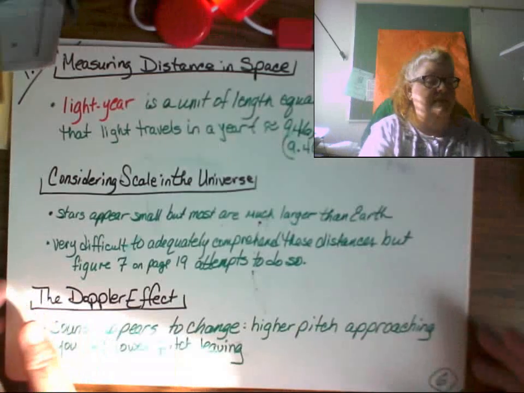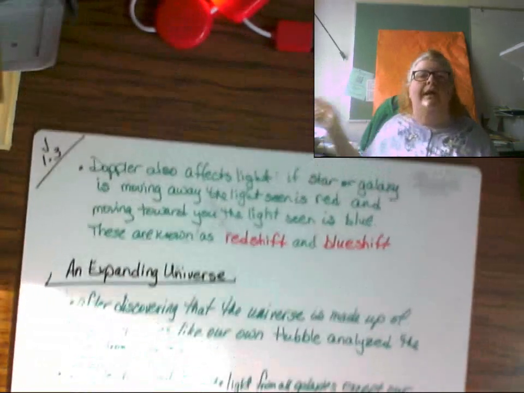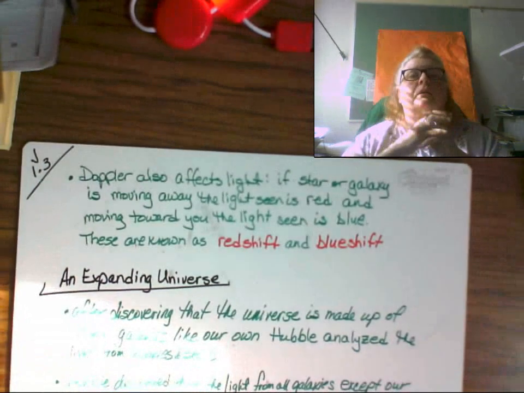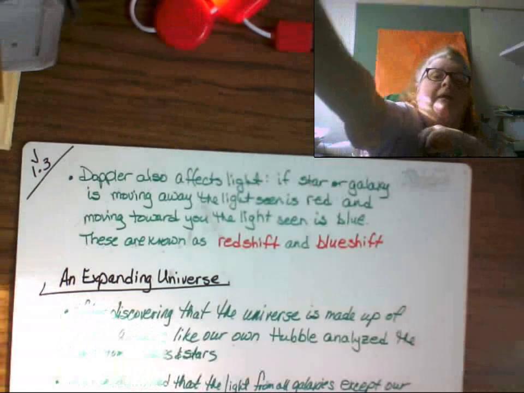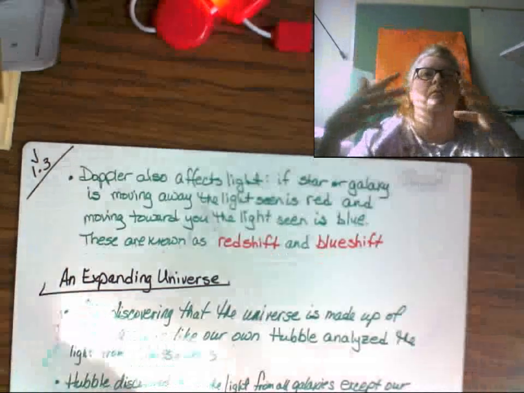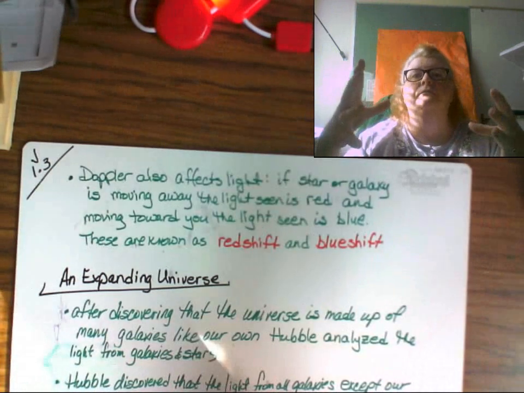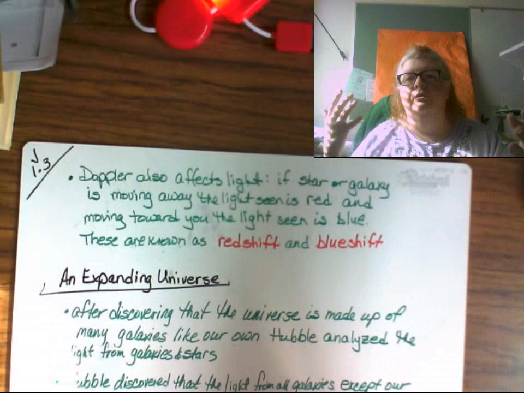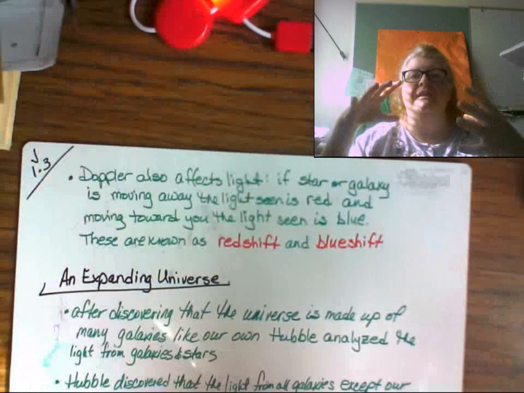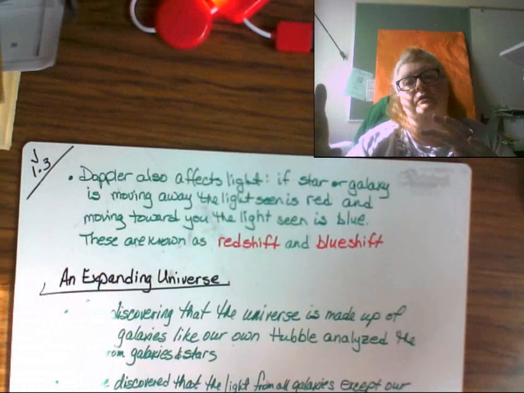Light works the same way. So, if a star or a galaxy is moving away, the light that we see from that star or galaxy looks red. And if it's moving towards you, then the light we see appears blue. And we call that red shift and blue shift.